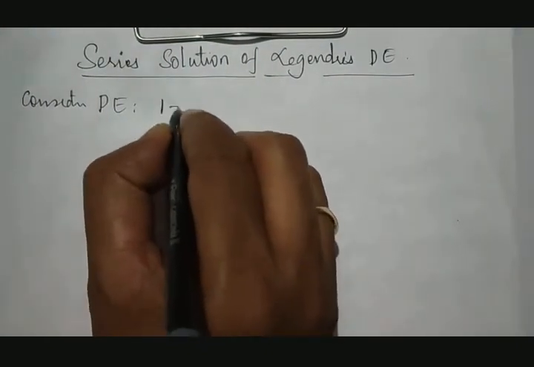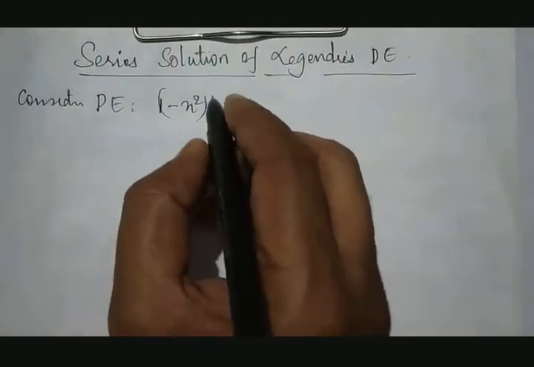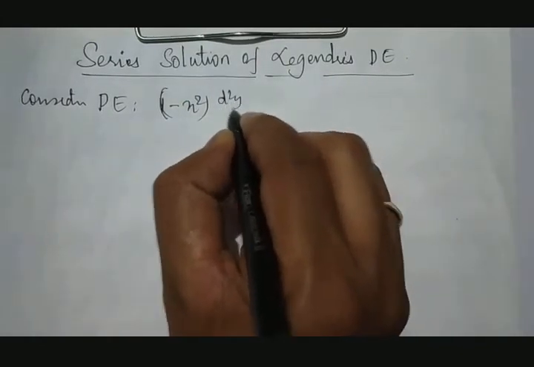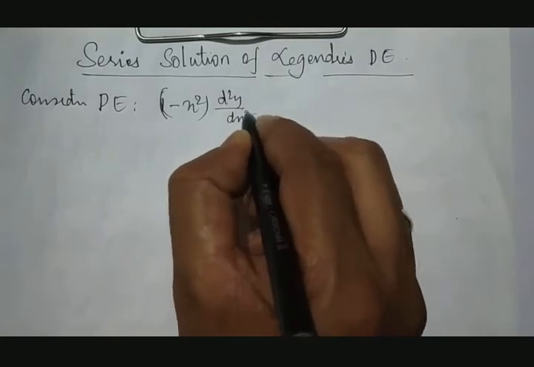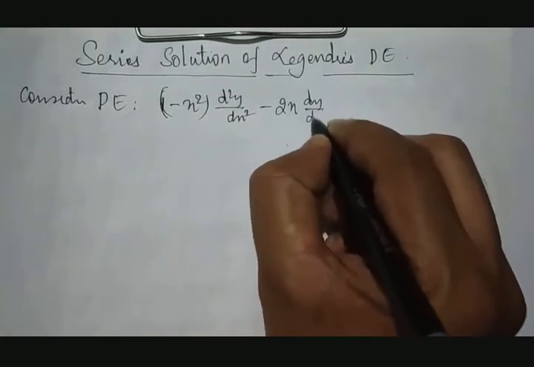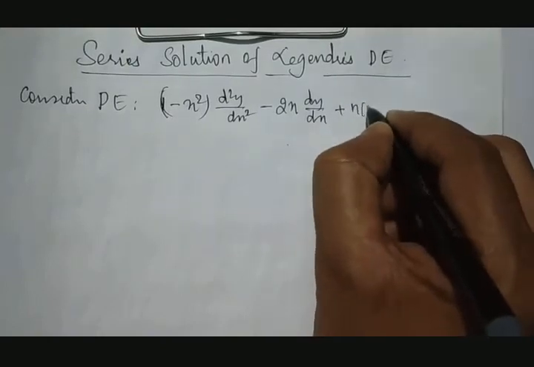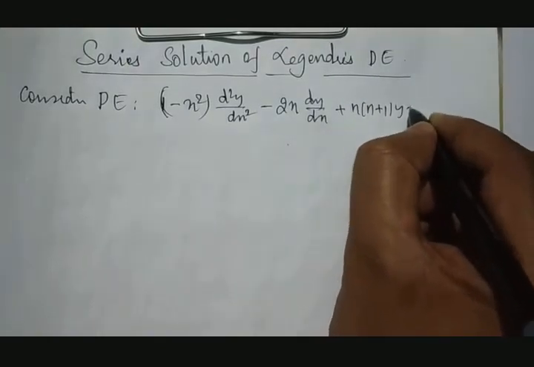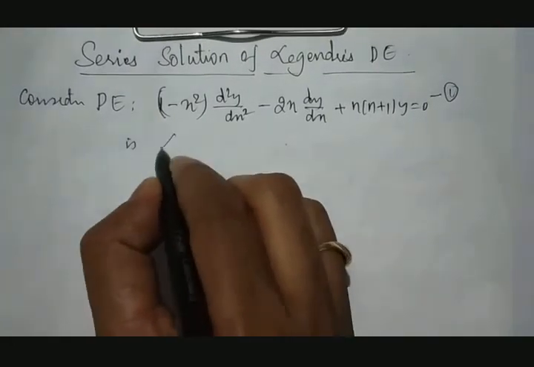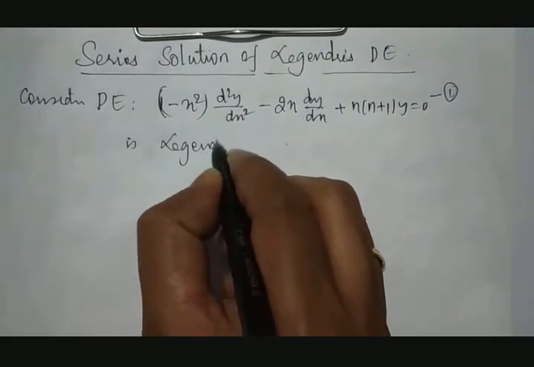It will be given like (1 minus x²) d²y/dx² minus 2x dy/dx plus n(n+1) y equal to 0. We call it equation number 1, the Legendre differential equation.